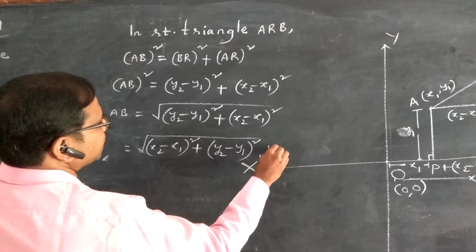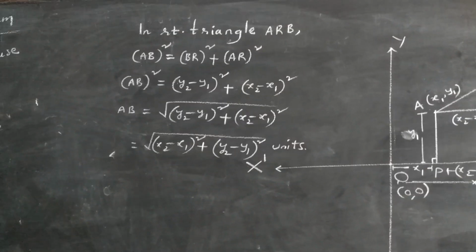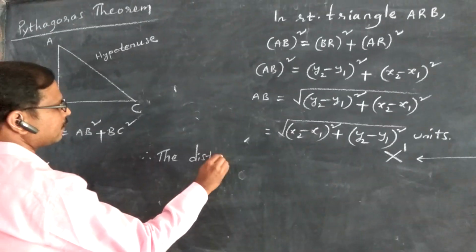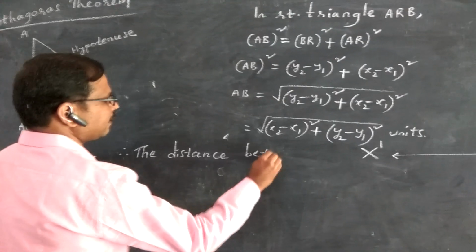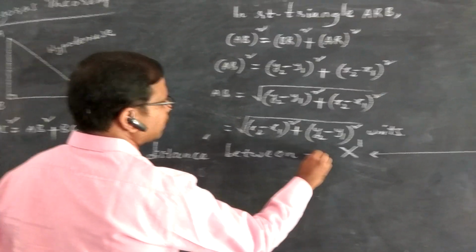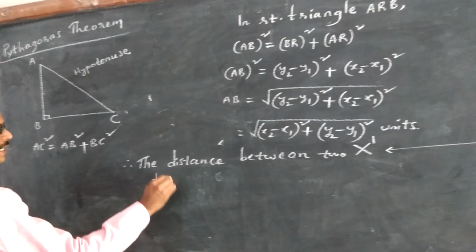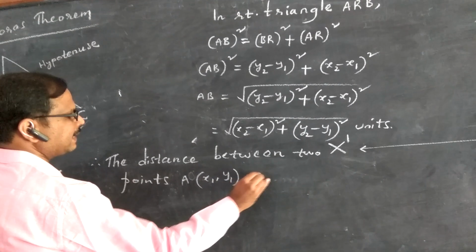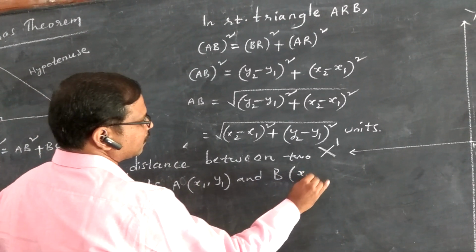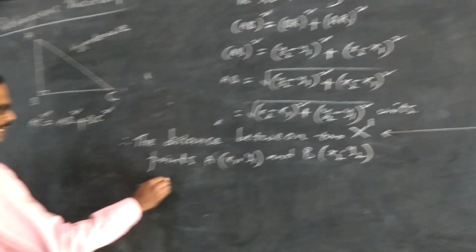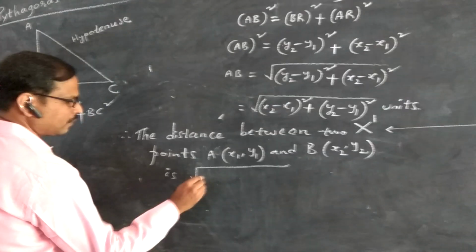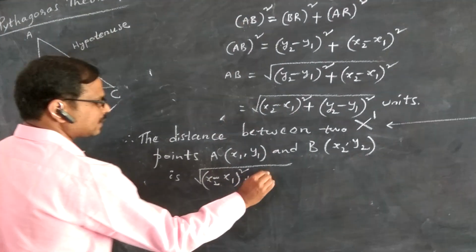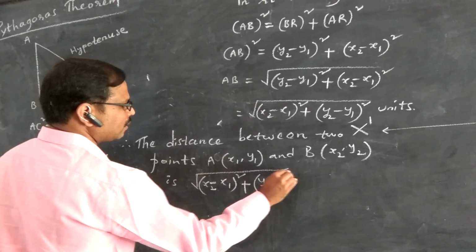Units. So this is called the distance between two points A of x1, y1 and B of x2, y2, which is the square root of x2 minus x1 whole square plus y2 minus y1 whole square.